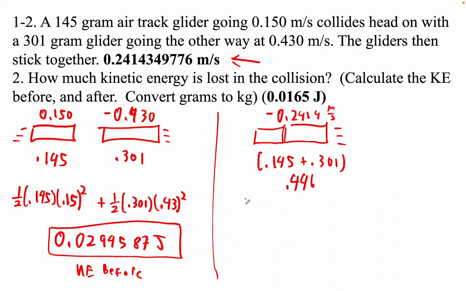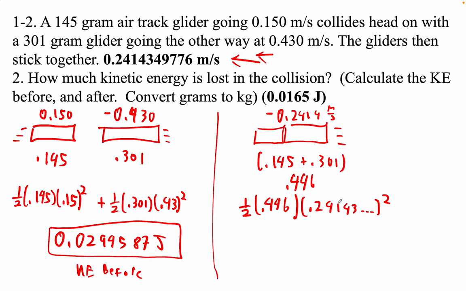And then the kinetic energy after is going to be 1/2 0.446. That's the combined mass of that, right? Times this whole number here, unrounded, right? So 0.24143 squared. And it's important that you not round that number, just because it's very sensitive, because it's squared.